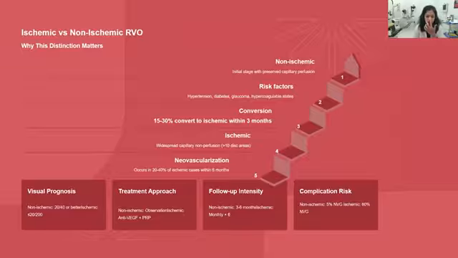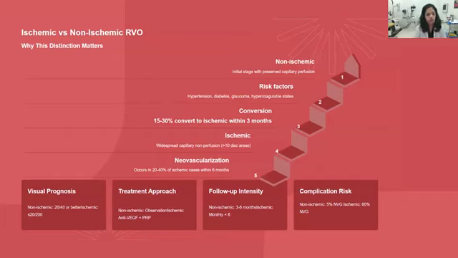For the treatment approach, if there's no macular edema, it's observation. Whereas in ischemic, if there's macular edema, we do anti-VEGF, and if there is NVD or NVE, we do pan-retinal photocoagulation. I'll talk about the treatment options a little later. Follow-up is also more frequent in ischemic, monthly, whereas non-ischemic can have a slower follow-up, and complication risk is higher in ischemic CRVO.